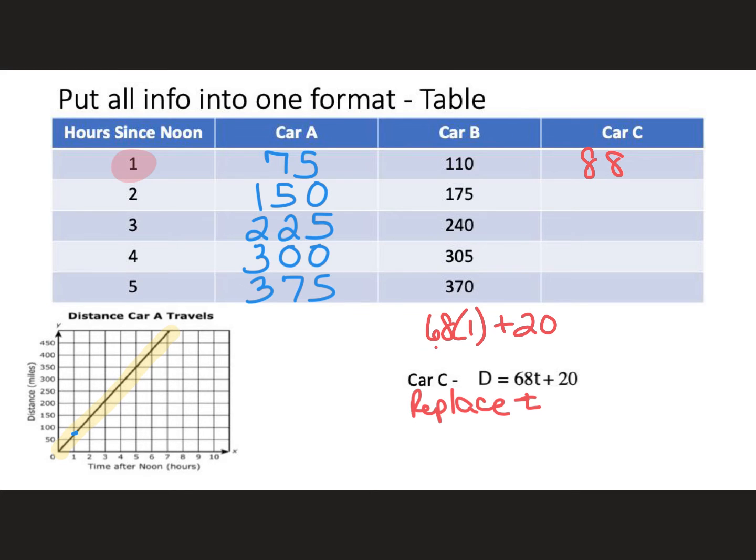Then we do the same thing with 2. 68 times 2 plus 20, which gives us 156. And we're going to keep going with replacing those with our t's. So the next number we get is 224. And then we get 292. And then we get 360. Nice and easy. Now we've filled in our table.